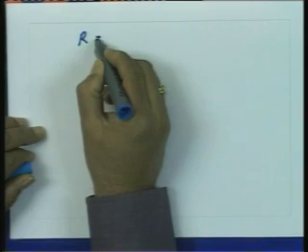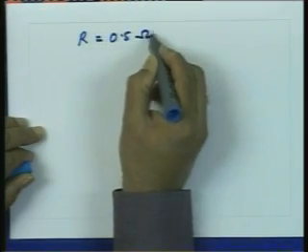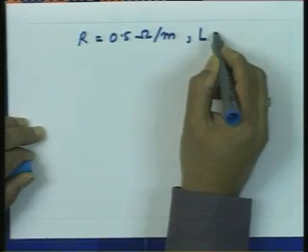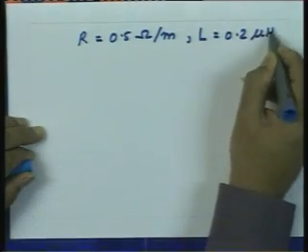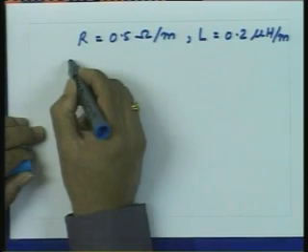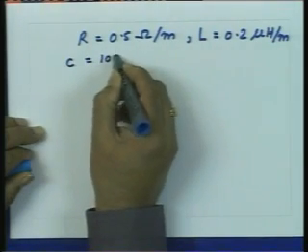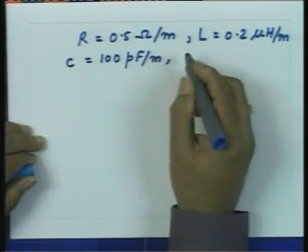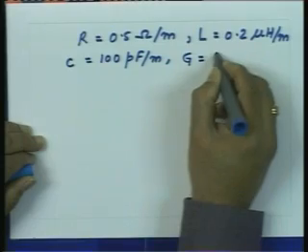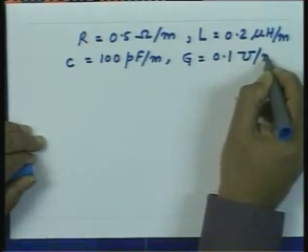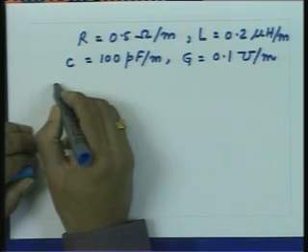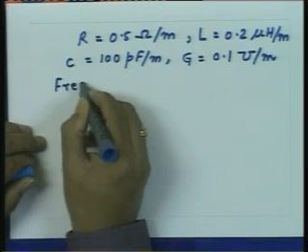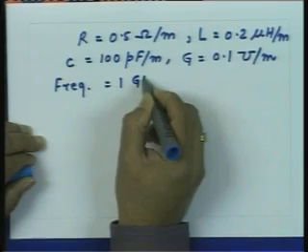Let us say I have a transmission line having the primary constants R equal to 0.5 ohms per meter, L equal to 0.2 microhenry per meter, the capacitance per unit length C equal to 100 picofarad per meter, and the conductance G equal to 0.1 mhos per meter, and let us say the frequency of operation is 1 gigahertz.